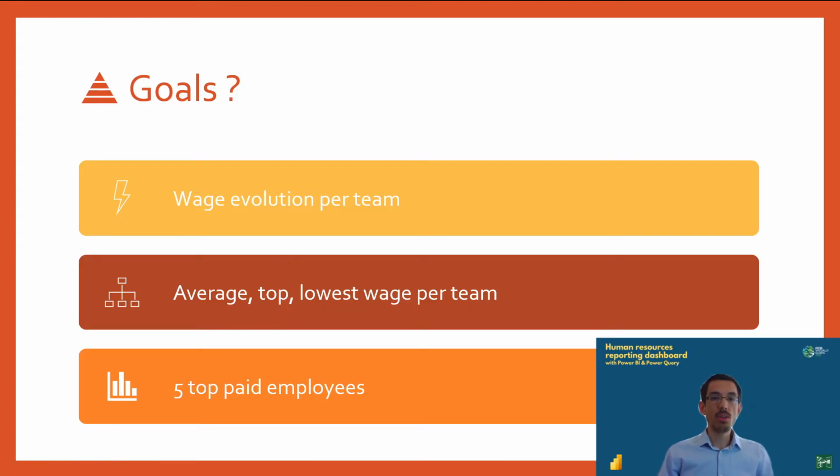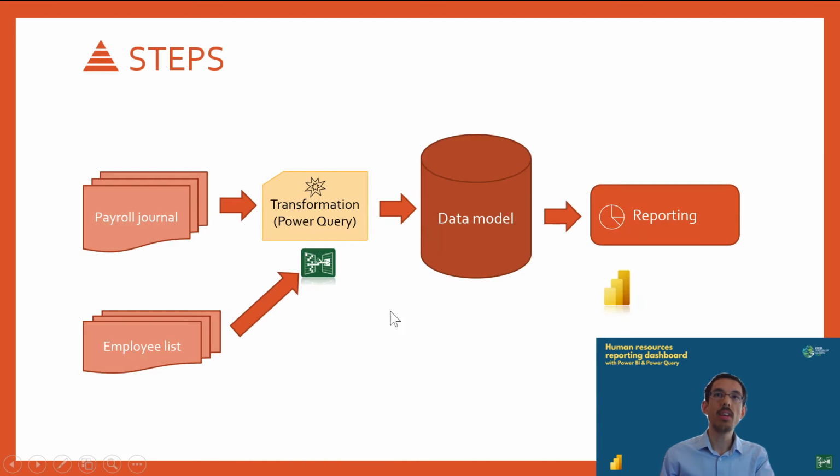What are our goals for this example? It is to generate a very simple dashboard with the three following KPIs: wage evolution per team, average, top, and lowest wage per team, and 5 top paid employees. Naturally, we could do a lot more, but we only have an hour for this session. The steps are the following.